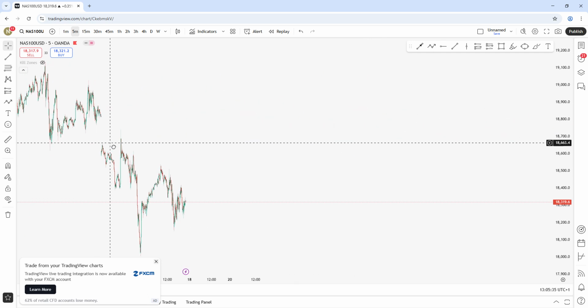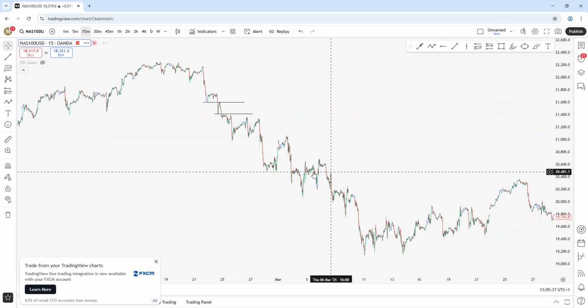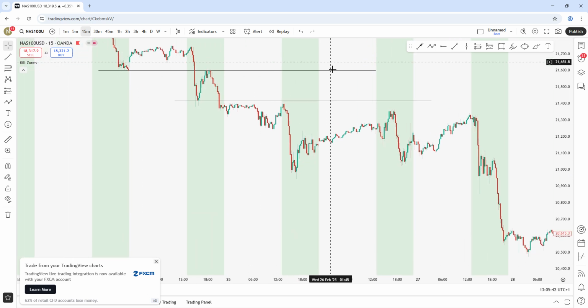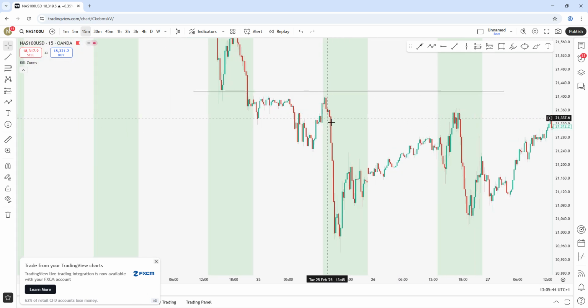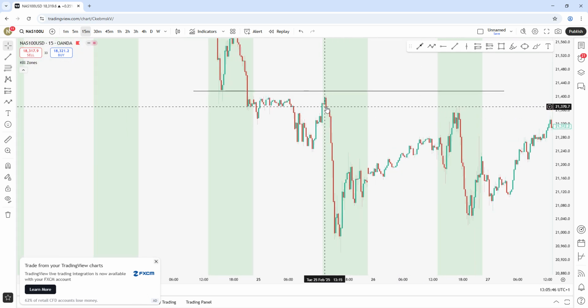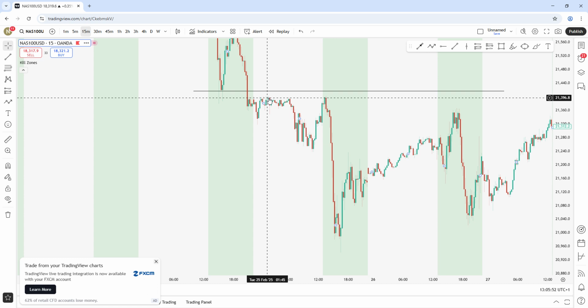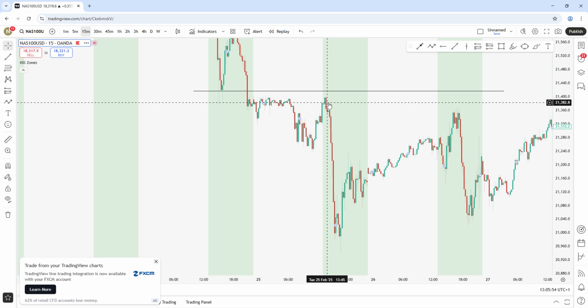Never mind, but that's on the 15 minutes. Look, it's right at the beginning of the New York session, half one. The session starts, it built a resistance, never broke that previous lower high, and just came down.